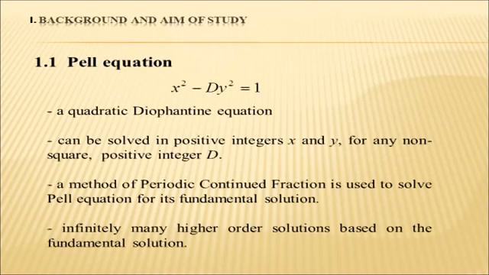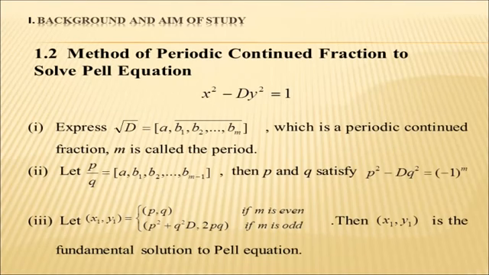Pell's equation is defined as x squared minus d y squared equals 1, which is a quadratic Diophantine equation. It can be solved in positive integers x and y for any non-square positive integer d. A traditional method of periodic continued fractions is used to solve Pell's equation for its fundamental solutions. Infinitely many higher order solutions can be generated based on the fundamental solutions.